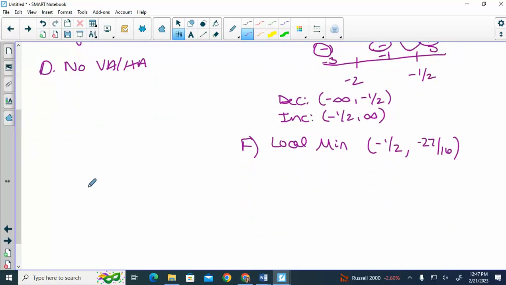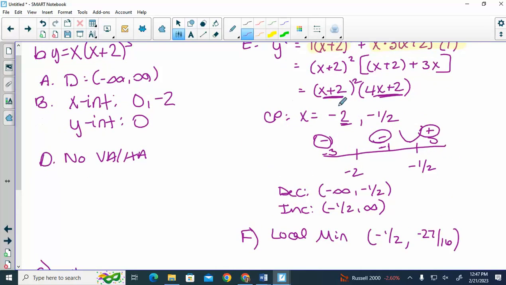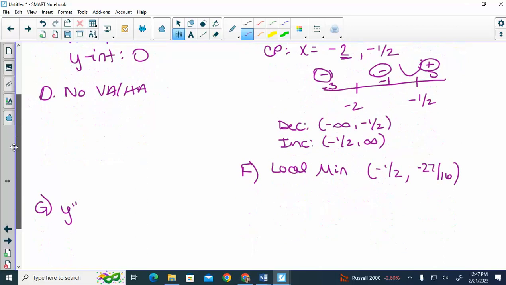Alright, then we need inflection points, so second derivative. So we're going to do product rule again. Derivative of the first: the 2 comes down, inside stays the same, subtract 1 from the power, so it's now to the first, derivative of the inside is just 1.